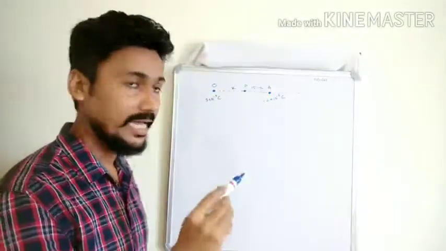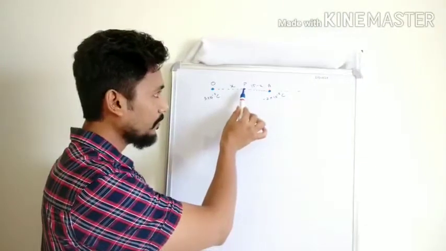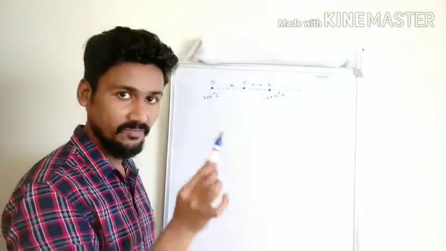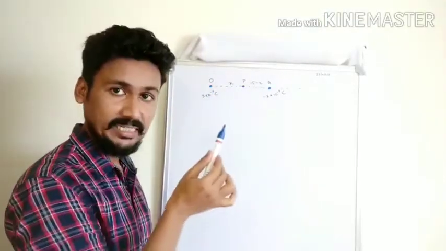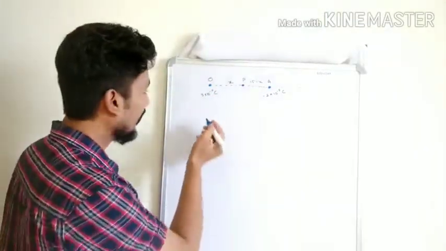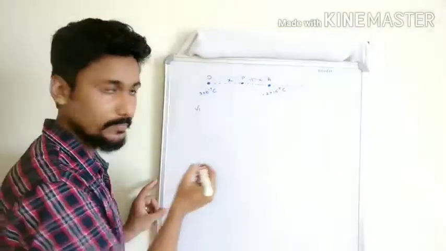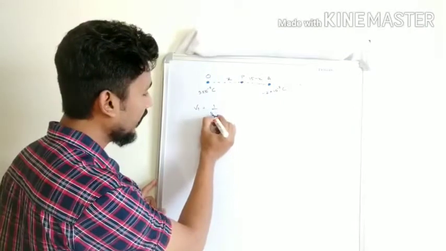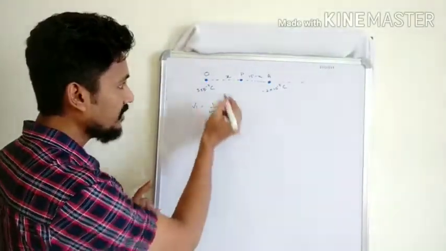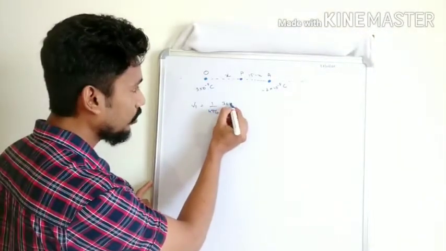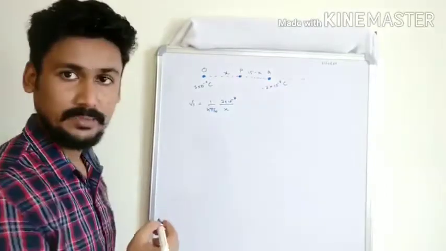So we have assumed that the point P is such that the electrostatic potential at P is equal to 0, which means the sum of the potentials due to O and due to A is exactly 0. Let the potential due to the positive charge be V1. V1 will be 1 upon 4 pi epsilon naught, Q1 upon R. Q1 is 3 into 10 to the power minus 8, and R is equal to x.